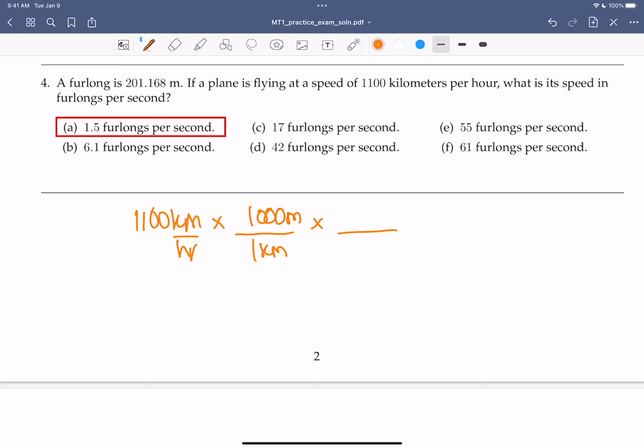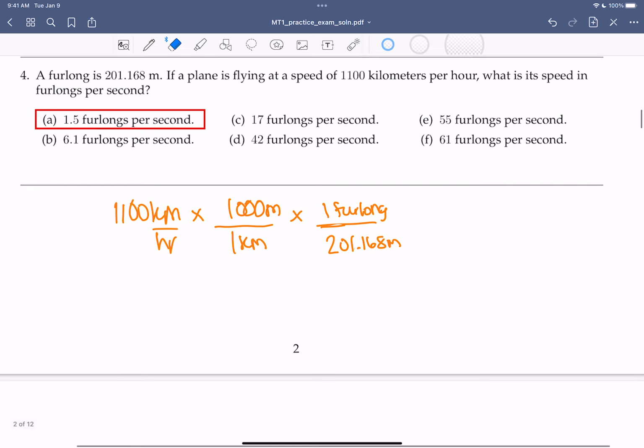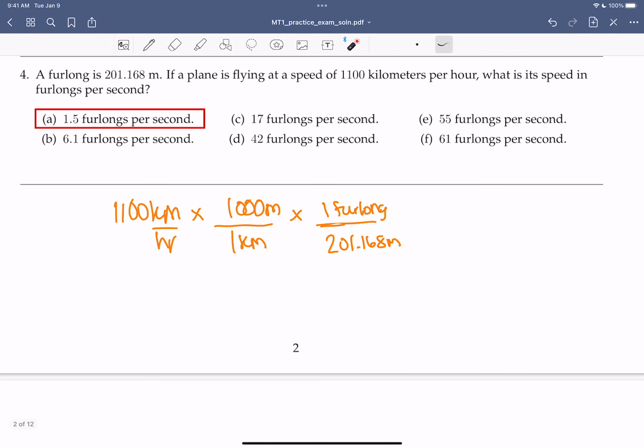And then 201.168 meters is 1 furlong, right? And then from that furlong, we have furlongs on top, which is what we want, and we want seconds now on the bottom. So then you have hours: 1 hour is 60 minutes. And then 1 minute is 60 seconds.